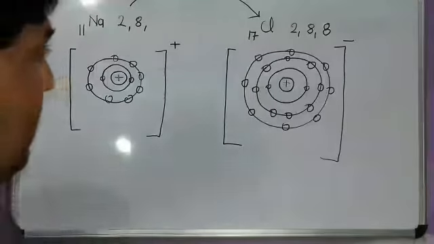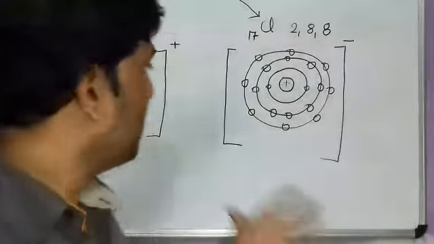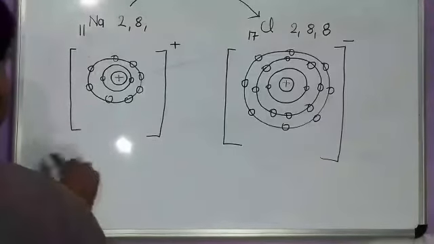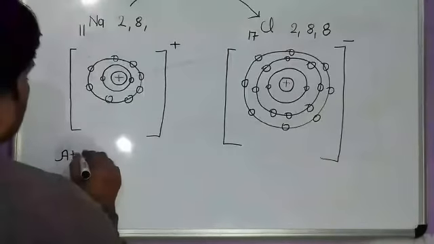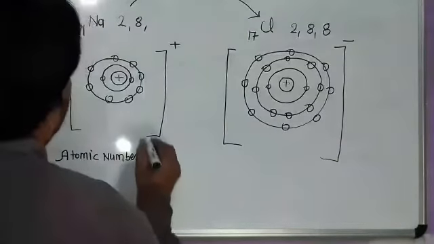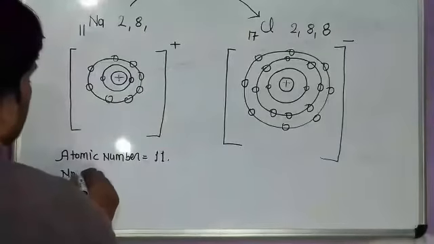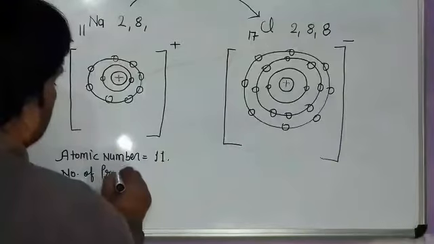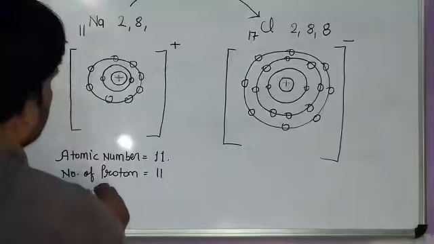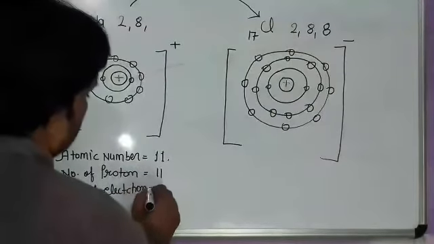For sodium, the atomic number is 11, the number of protons is 11, and the number of electrons is 10.